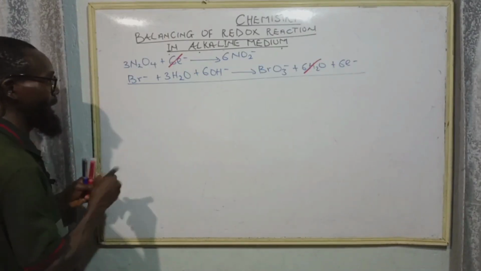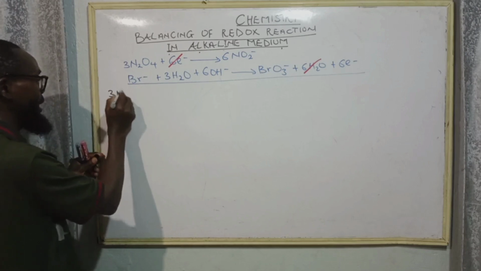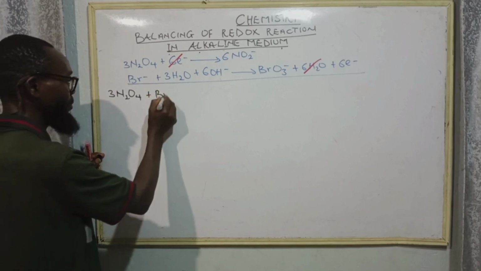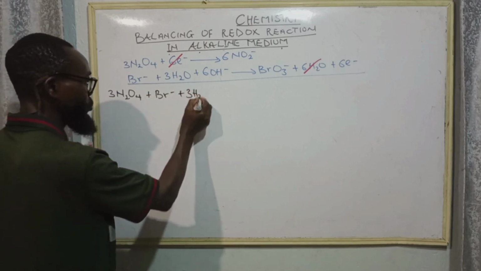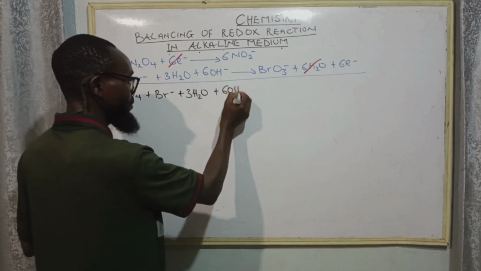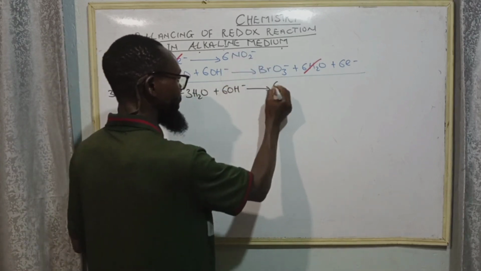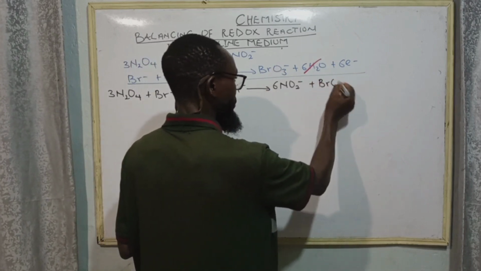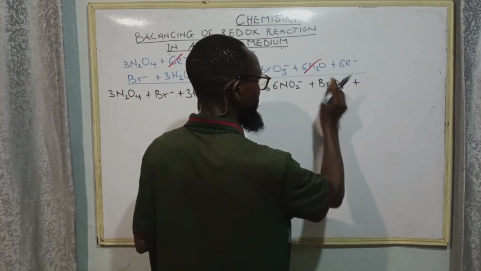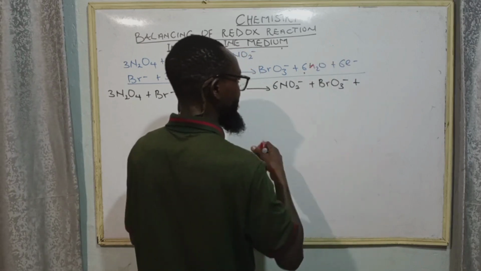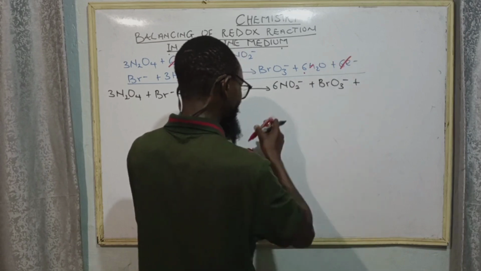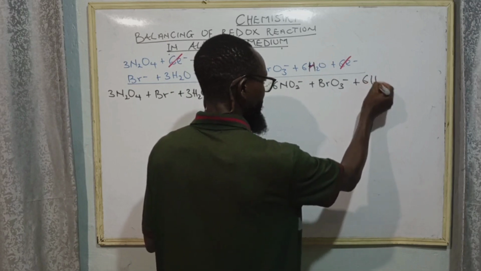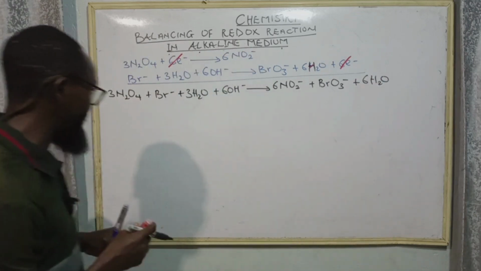We have to join together 3N2O4 plus nothing here again, joining with this Br minus plus 3H2O plus 6OH minus to give 6NO2 minus plus this BrO3 minus, then plus, oh sorry, I have to cancel this 6 electron, not 6H2O. Now I'm going to have 6H2O.